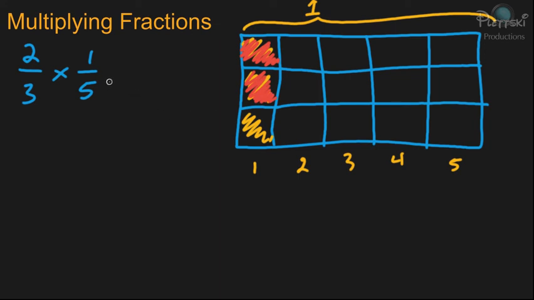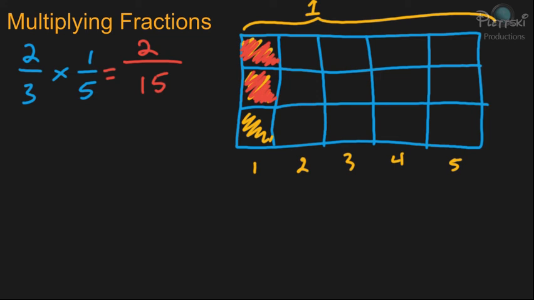Now, if I want to write that as a fraction, I'm going to write that as two boxes. And then how many boxes do I have total for the whole? Well, I have 1, 2, 3, 4, 5, 6, 7, 8, 9, 10, 11, 12, 13, 14, 15. So 2/3 of 1/5 is actually 2/15. And that's showing you with this picture.